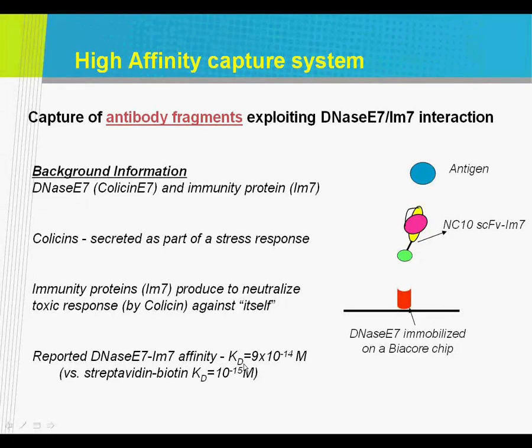So that's the immunity protein in green, and that's the single-chain Fv fragment. This chimera will then bind very tightly to the DNase E7 protein on the chip, allowing for subsequent injection of antigen and measuring binding, doing kinetic analysis between the antigen and antibody.